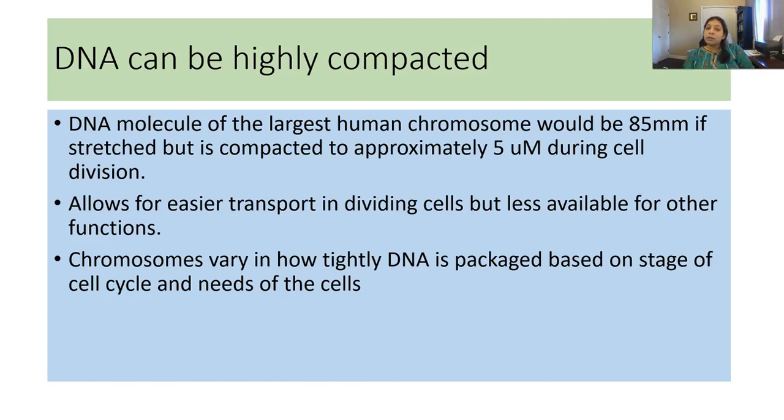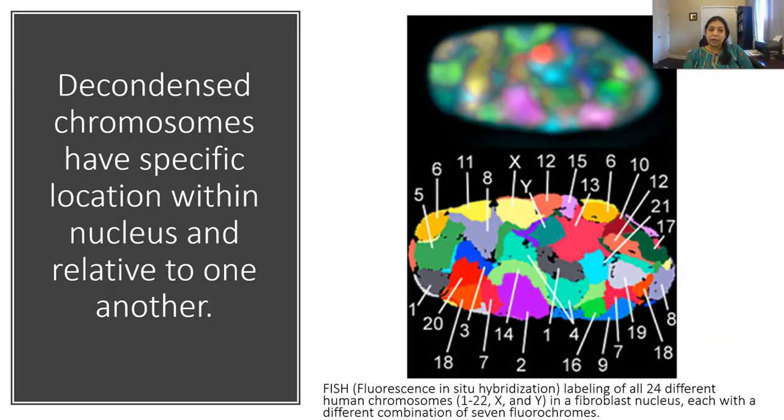So depending on what stage of the cell cycle you're at, depending on what functions the cell performs, what its needs are, you will have different chromosomes in different levels of compaction. And that changes for cells on a daily basis, on an hourly basis at times.